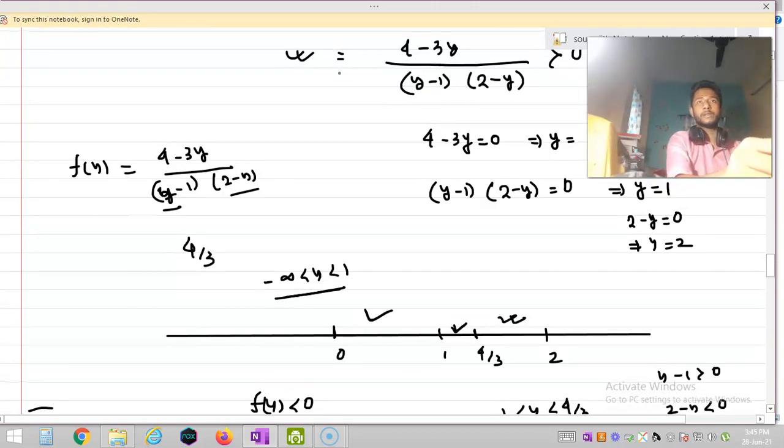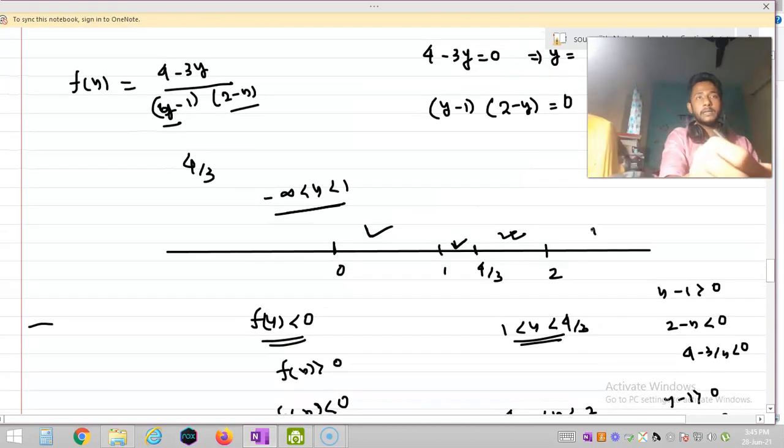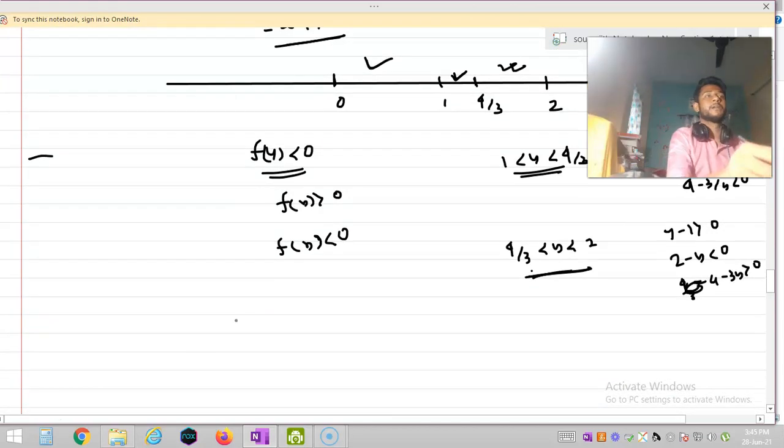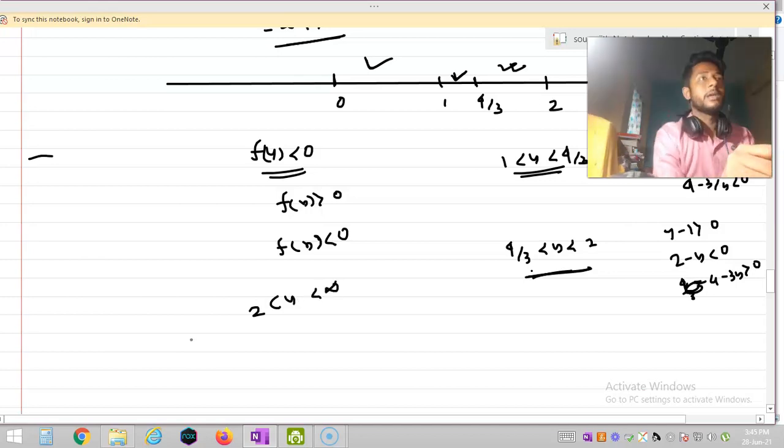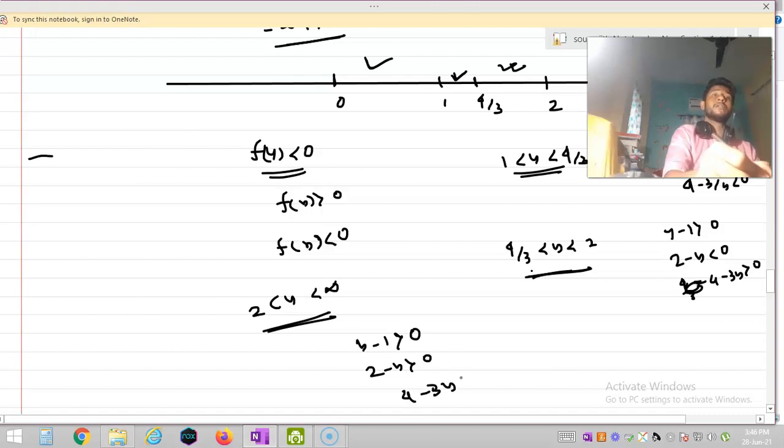our given inequation. Now if you choose any values of y which lie in the interval 2 less than y less than infinity, you can see that y minus 1 becomes positive, 2 minus y becomes positive, and 4 minus 3y also becomes positive.